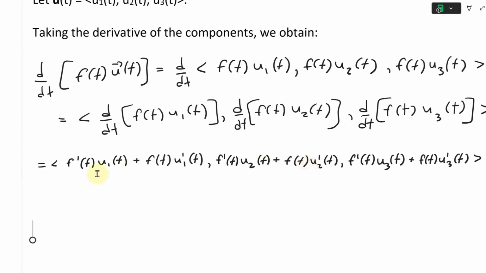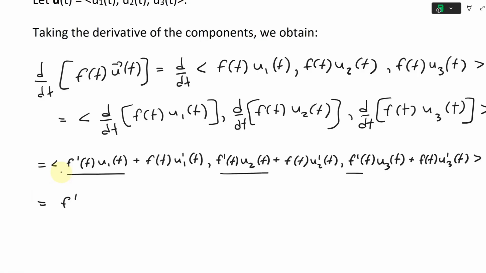And now what we'll do is take the like terms, or just separate these into two vectors, getting all the derivative parts, the f primes, out of there, and the other ones separately as well. So this is going to equal, and I'm going to factor out the like terms, in this case the f prime, the derivative of f.